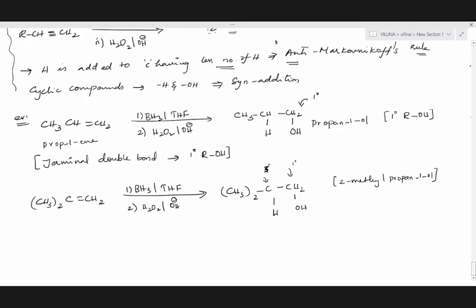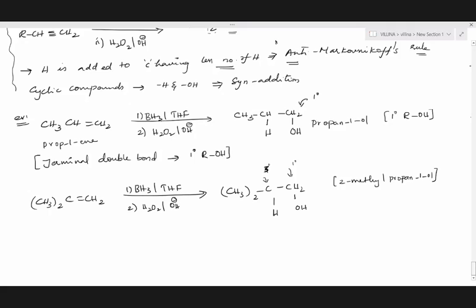So what rule are they following? The hydrogen is added to the carbon having less number of hydrogens, so this hydroboration oxidation follows anti-Markovnikov's rule.